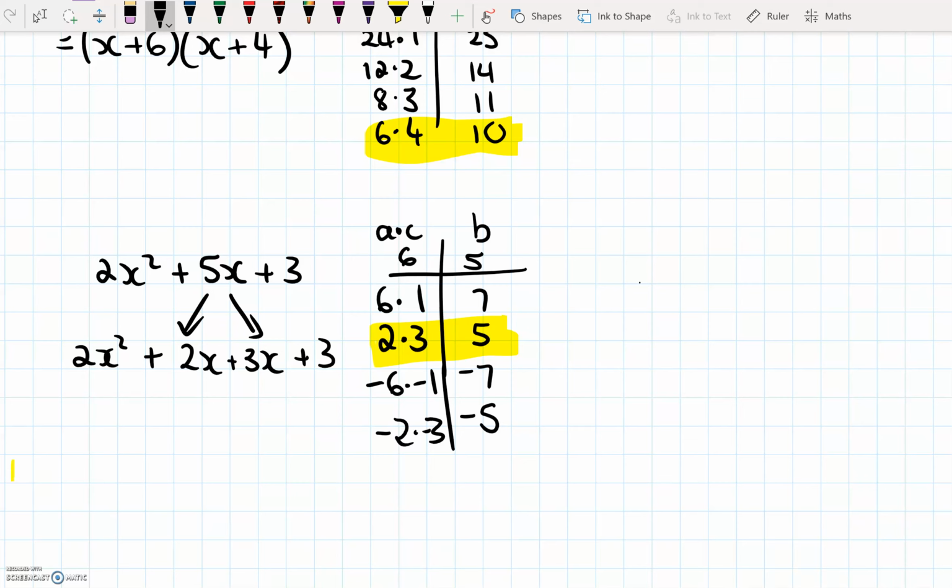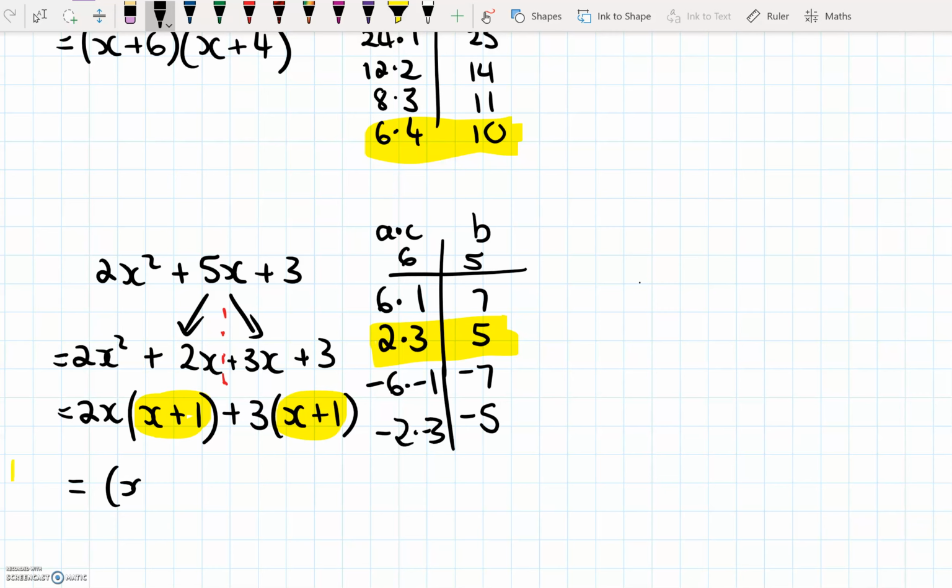Now you can see that we can take a factor of 2x on the first half, so 2x can come out of the first half, then we get x plus 1 plus 3, x plus 1. And now we have the matching brackets just like we want. So we can write this down as x plus 1, 2x plus 3.